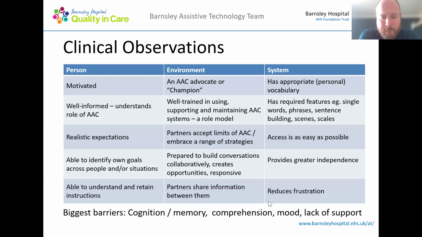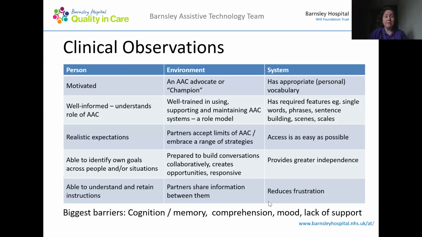Just a little something about our anecdotal observations from AAC assessment. So things that I think can really help the person, and I think with people with aphasia as well, in terms of person factors.